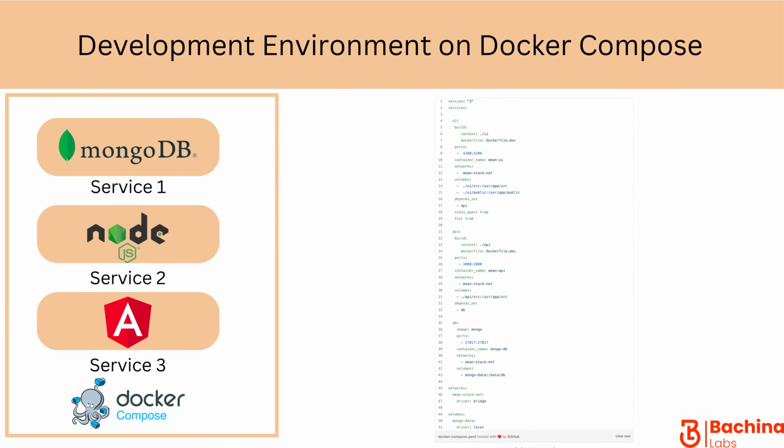Now we have seen how the development environment works when it comes to the stack. Sometimes you might not have all this set up on your local machine, and still you want to run all these services together at the same time so that you can develop your full stack application on your local machine.